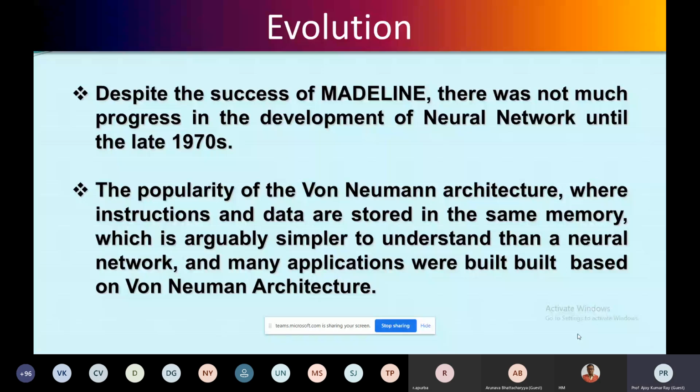Those who are working with cellular automata, all the initial papers were von Neumann's papers. Today many people are working in data security and cyber security. Even on these things, von Neumann had talked about the time that will come when computers and programs may be attacked by some kind of virus.